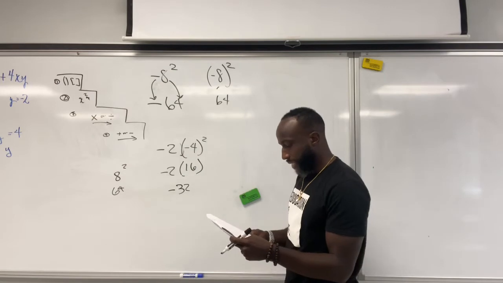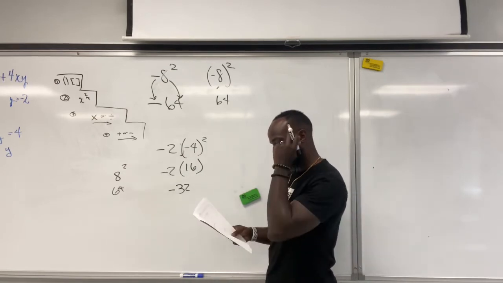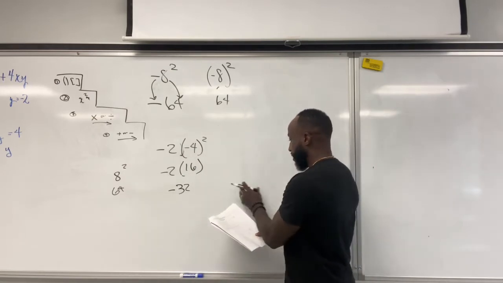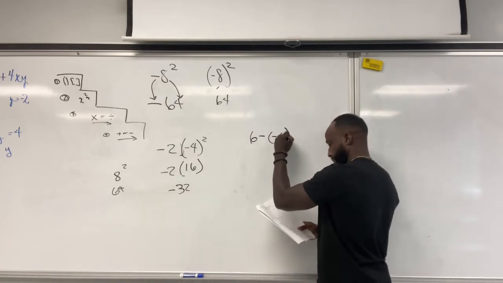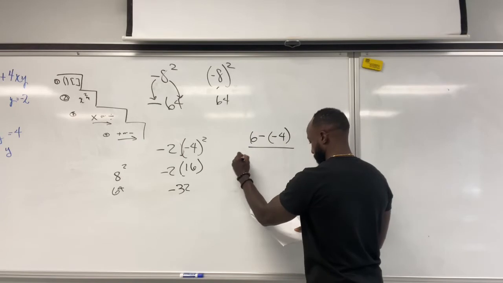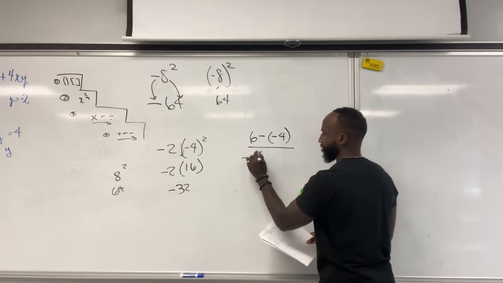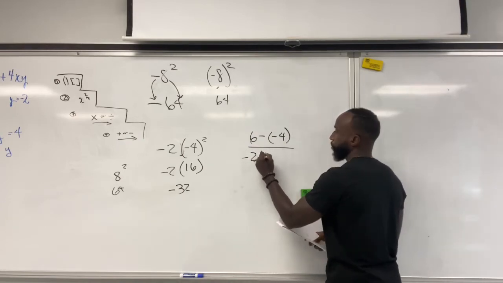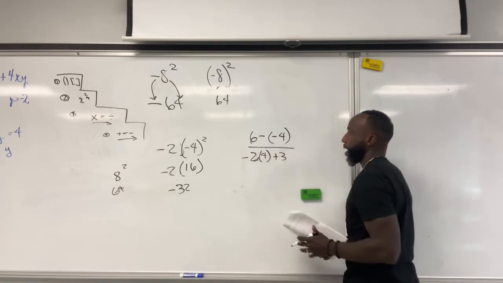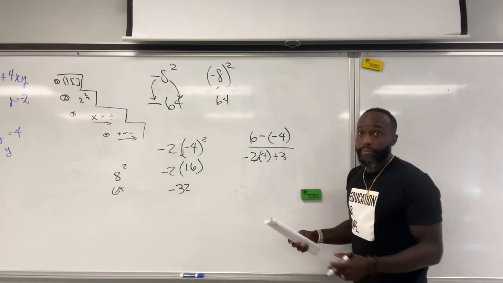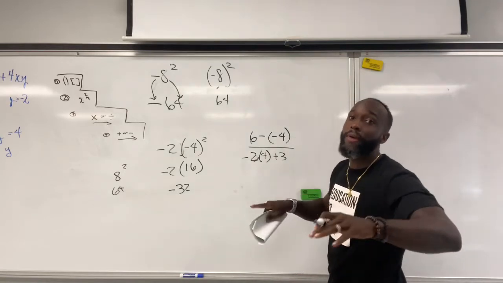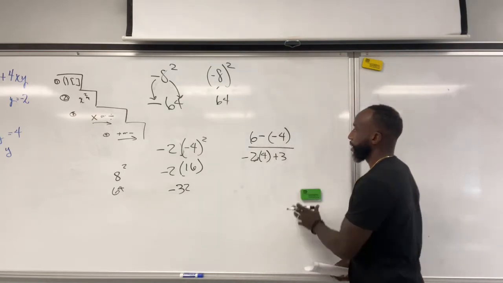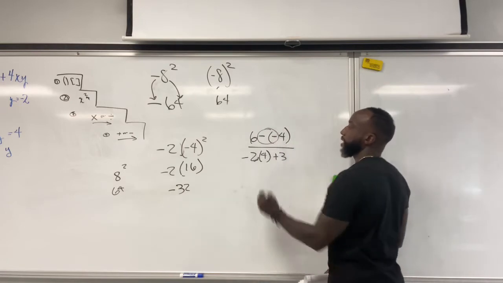All right, let's look at this example here. We got 6 minus -4 all over -2. Where did I get 6 from? -2 times 4 plus 3, right? This is a fraction. Each level, the numerator and the denominator, is its own math problem, and then you bring it back together. First things first, you got these double negatives.